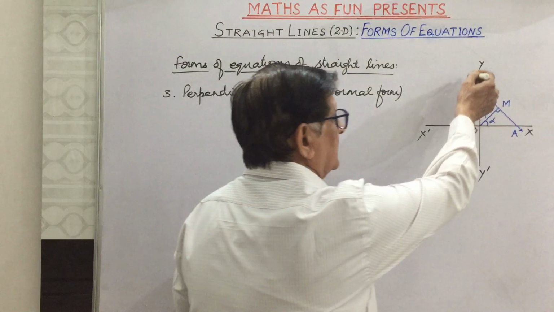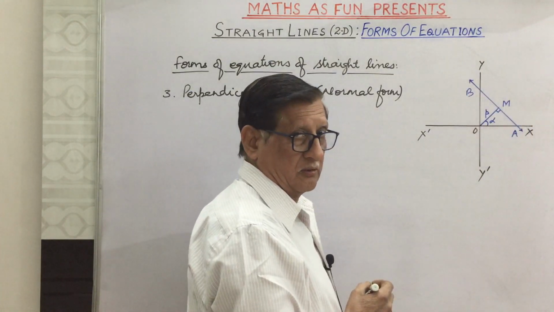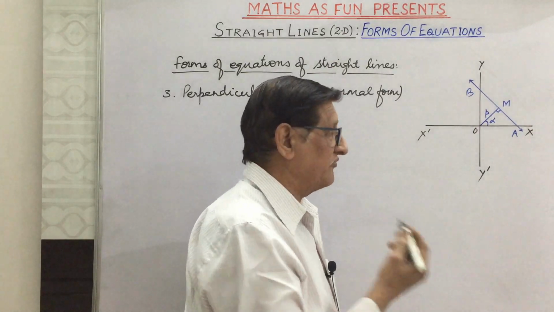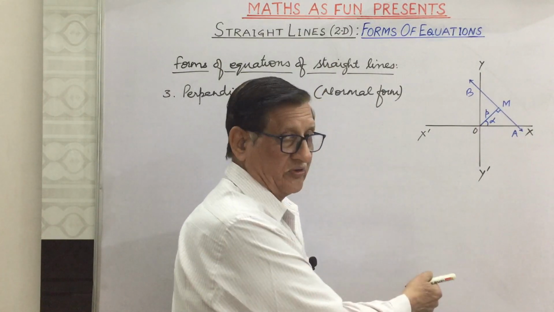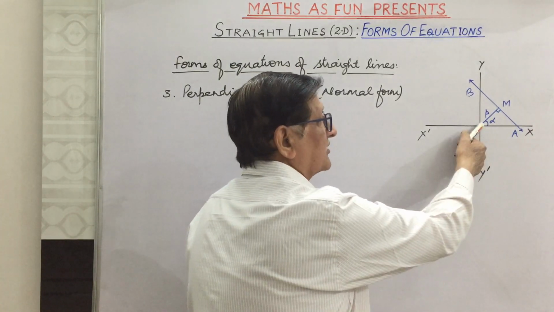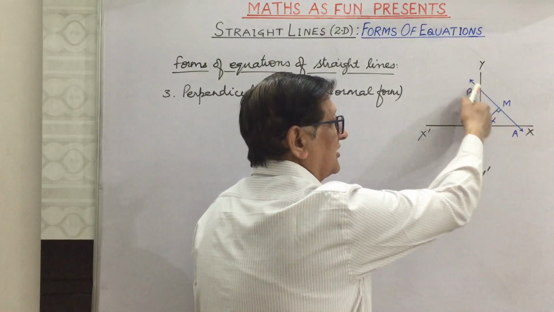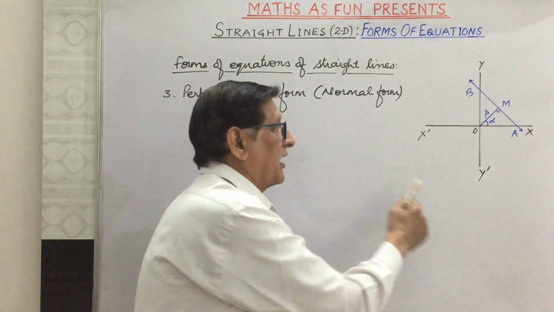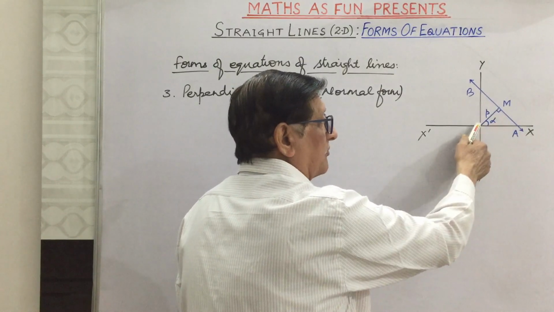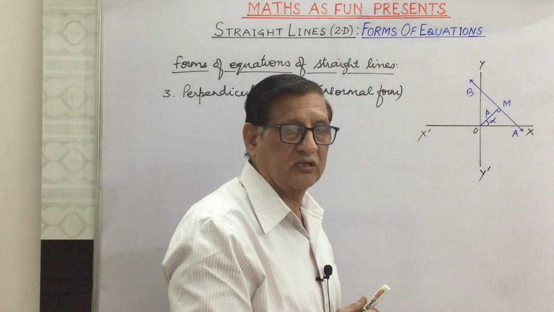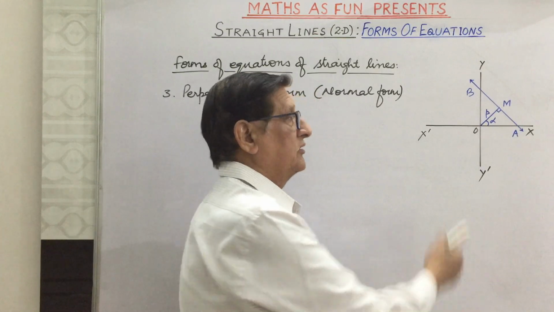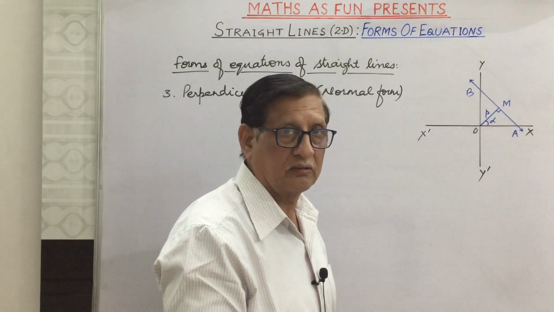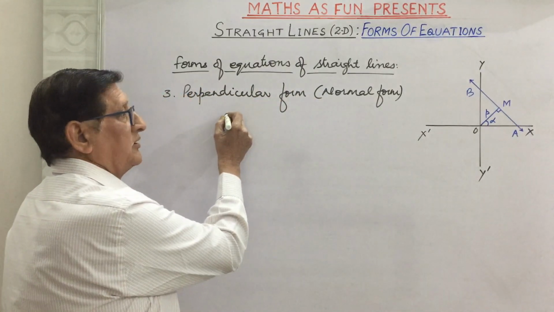We can see here the line is AB, which is intersecting x-axis and y-axis at A and B respectively. What we have been given? We have been given the length of perpendicular from the origin to this line is P, and the angle which this perpendicular makes with the x-axis in the positive direction is alpha, or we can say this perpendicular is inclined to x-axis at an angle alpha. So what is given here?